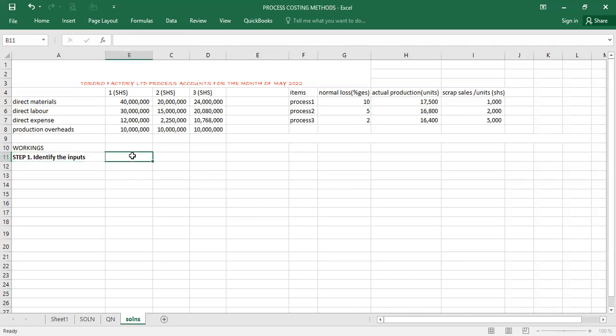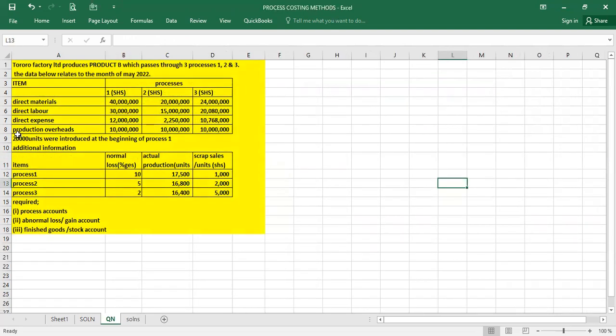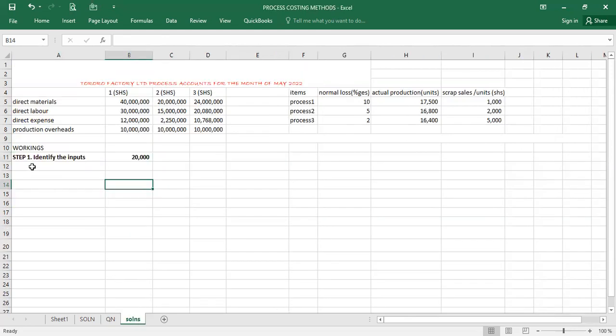The input is 20,000, which are the units given down here. 20,000 units were introduced in process 1. So we can now proceed to step 2, which is to compute the normal loss.